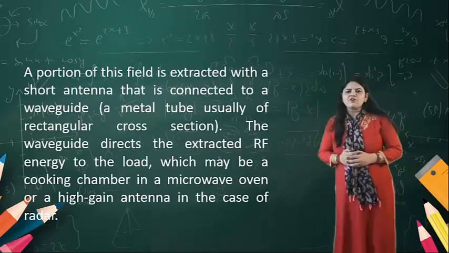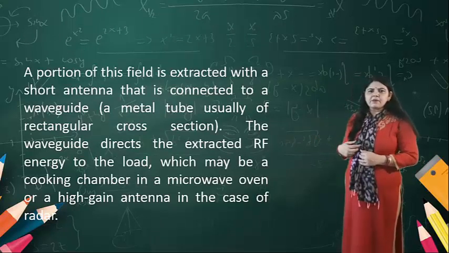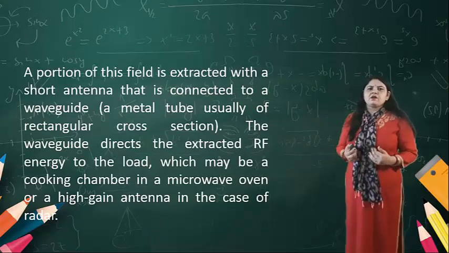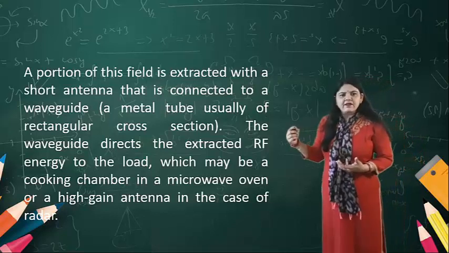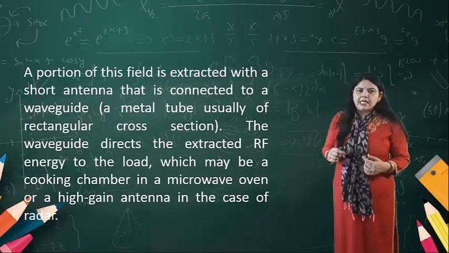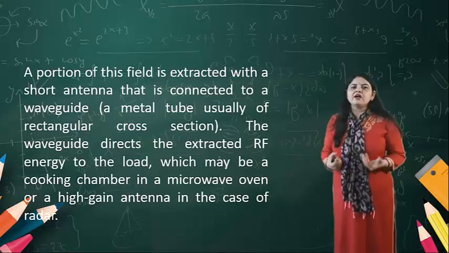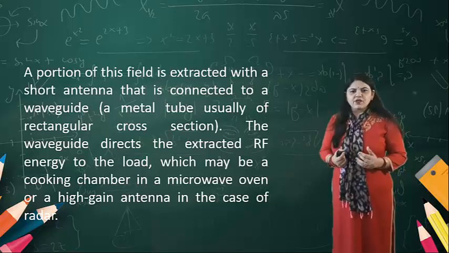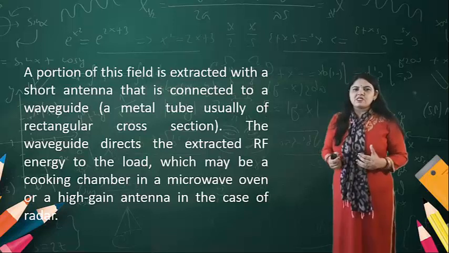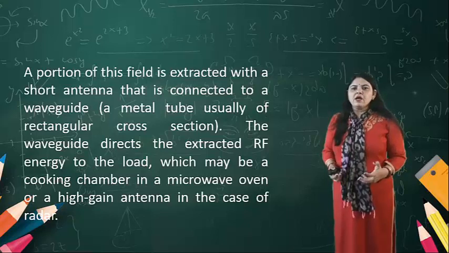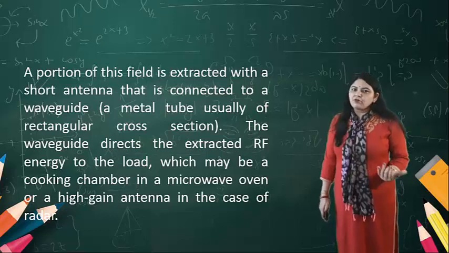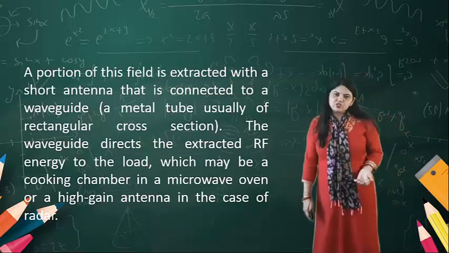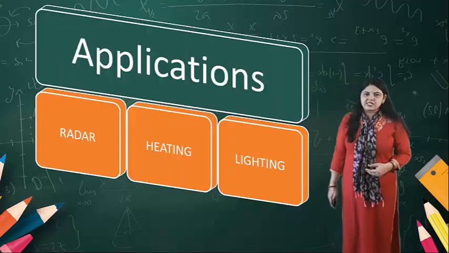A portion of the waves in the field, as you have seen in the earlier diagram, is extracted with the short antenna, which is connected with the waveguide, and through which it is transmitted. And we know how we have the microwaves in case of the microwave oven, or how you will transmit the waves using the high gain antenna.